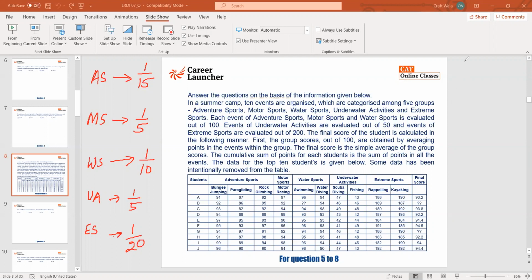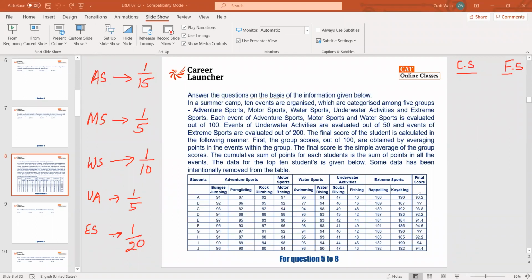Now let's look at it the other way around. There is something called cumulative score and something called final score. What does cumulative score mean? The points that you get here are called the cumulative score.